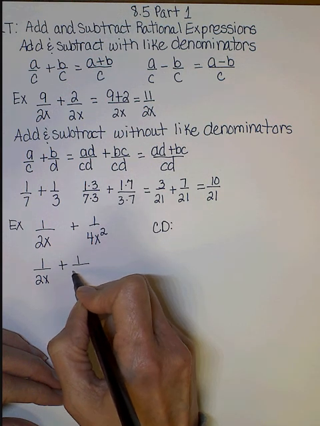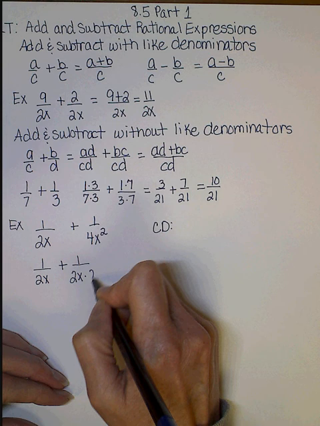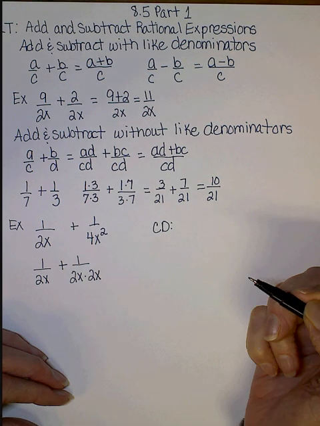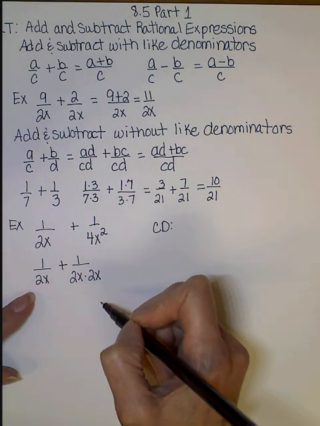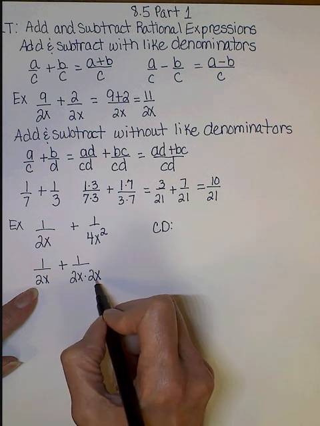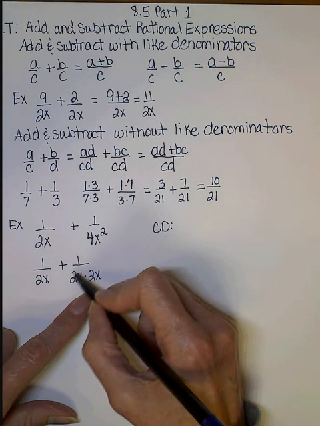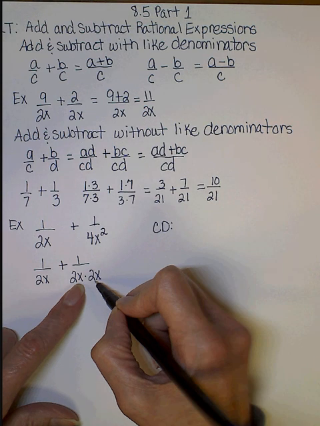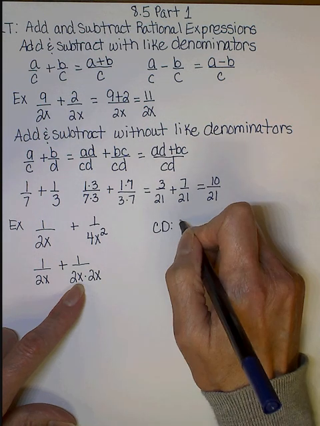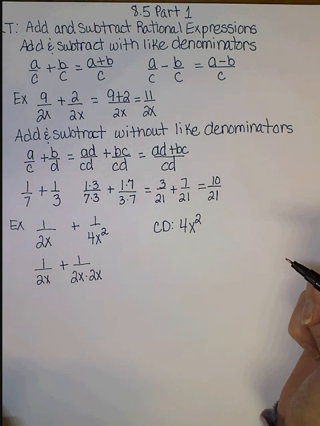So this would be the same as 2x times 2x. Okay, so this would give me 4x squared. So when I look at it like this, the 2x is already contained in the 4x squared. So you need to have a common denominator, in this case, of 4x squared.